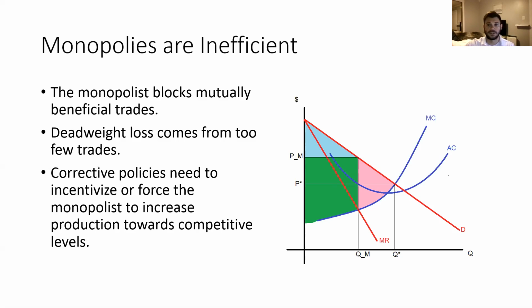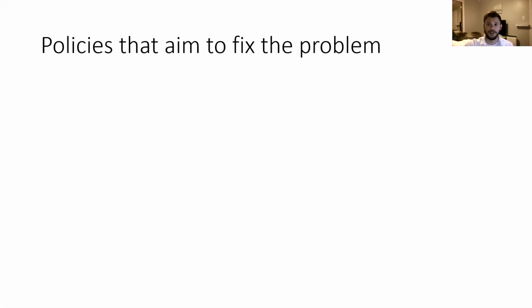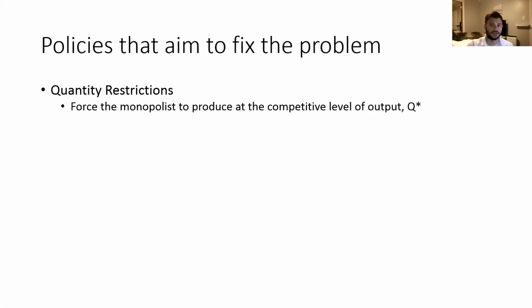And there's a few ways that we can actually do this. So the policies that are aimed at fixing this type of problem take one of the following forms. We could find, for example, quantity restrictions, where we try to force the monopolist to produce at the competitive level of output Q star. We just regulate them. Hey, this is exactly what you have to produce.